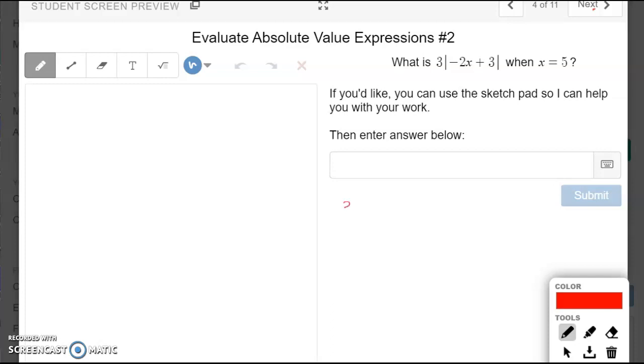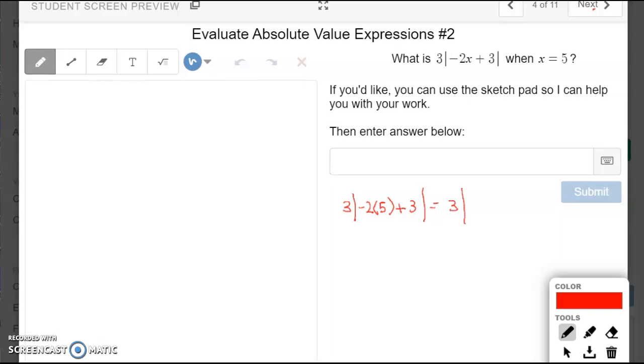So that's going to be 3 multiplied by the absolute value of negative 2 times, instead of writing x, I am going to write the value of x, which is 5 in parentheses, plus 3. Now let's evaluate what's inside the absolute value first. Negative 2 times 5 is going to be negative 10 plus 3.